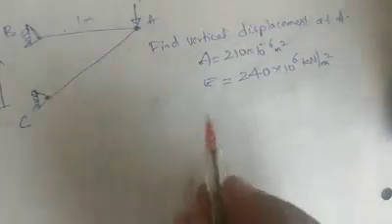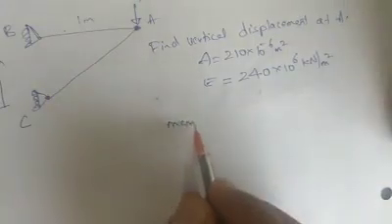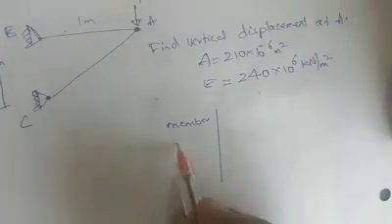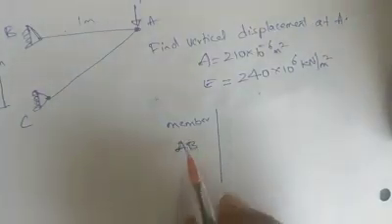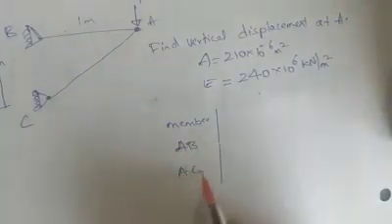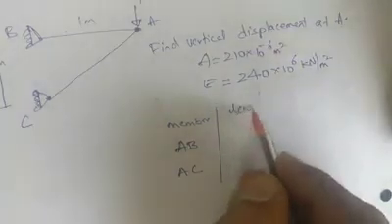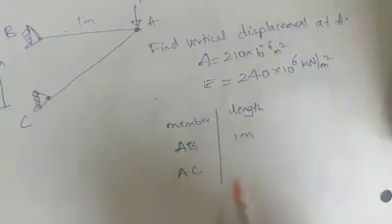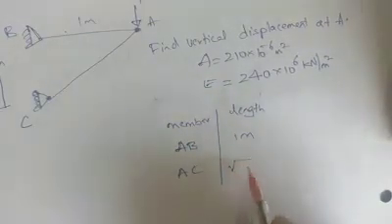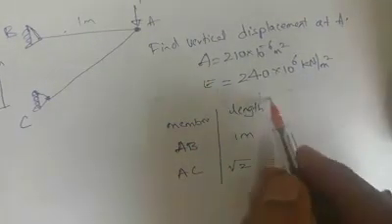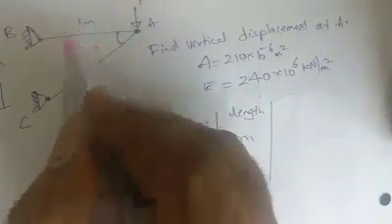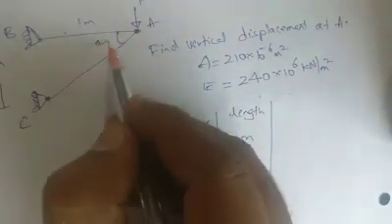The first thing we do is the tabular column. Member: we are having AB and AC. The length: AB length is 1 meter, and AC, when we go with the trigonometry, we will be getting root 2, because here it is 1 meter, it will be 45 degrees.